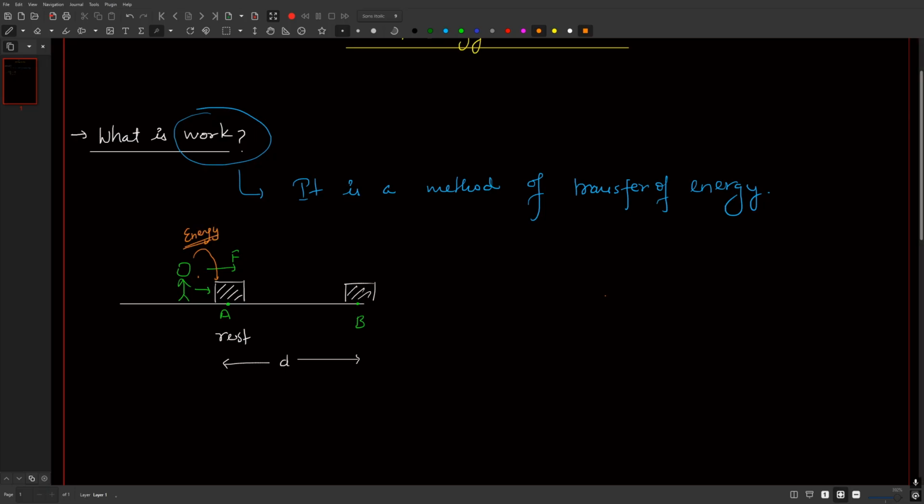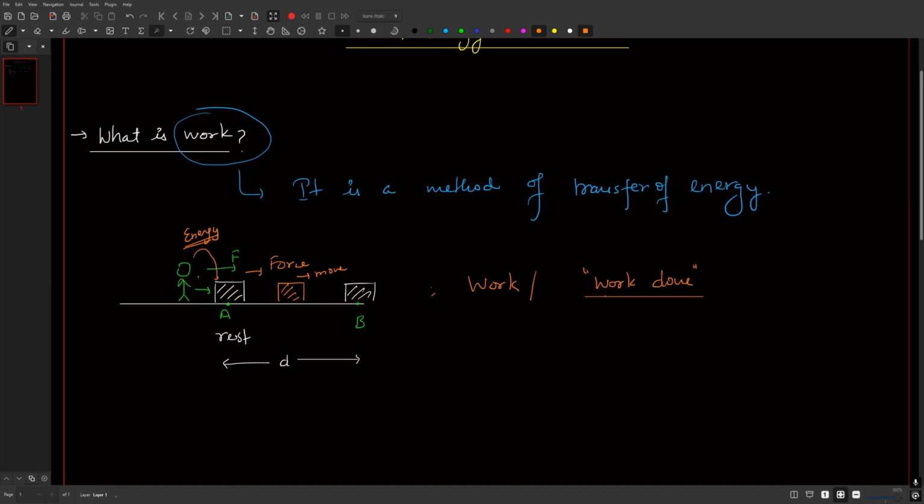This act of transferring energy to the box is what we call work or work done. So you apply the force and the box starts to move, and then it goes from point A to point B. That is work, or we can say work done.